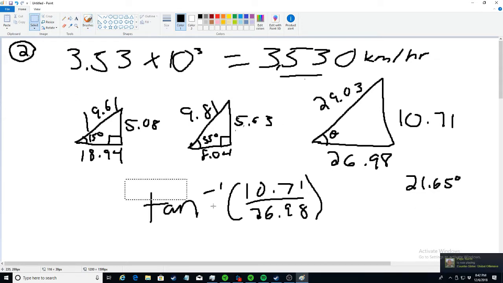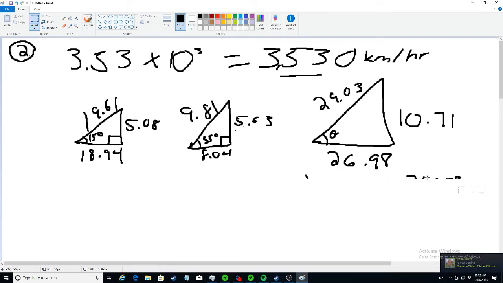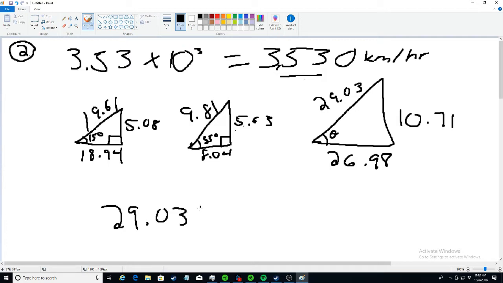Now all that's left is to write a statement to tell what we've just found. So we have our magnitude first. Don't forget a unit. Excuse the at symbol. I'm trying to draw this on a mouse. At 21.65 degrees. Now, which way is this going? It's clearly going northeast.